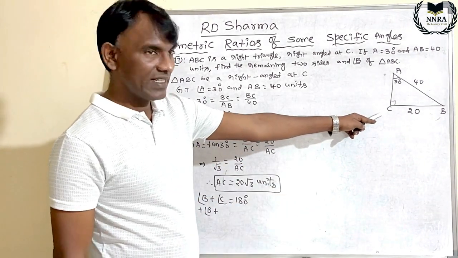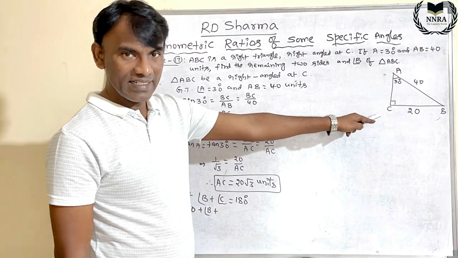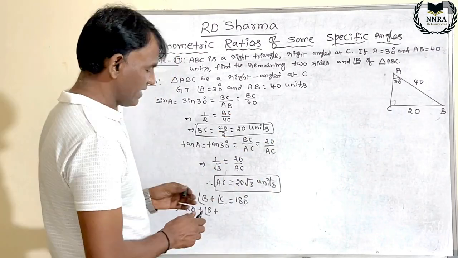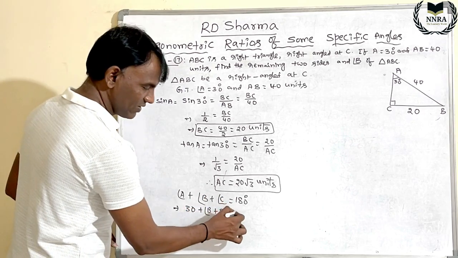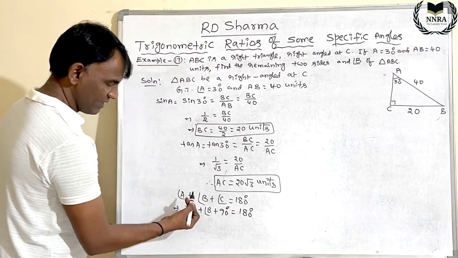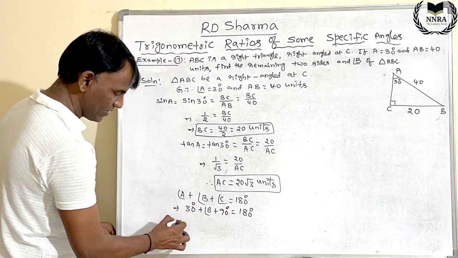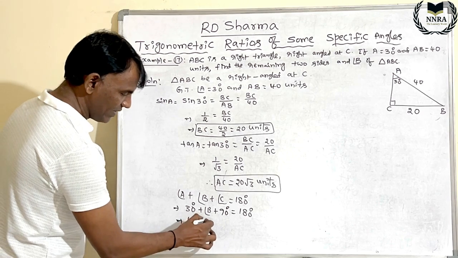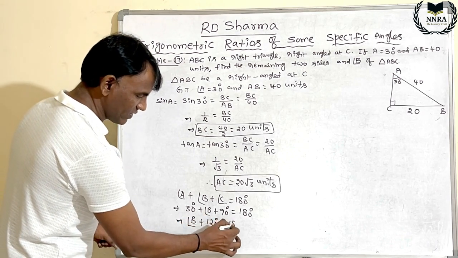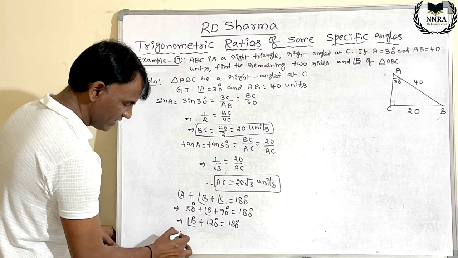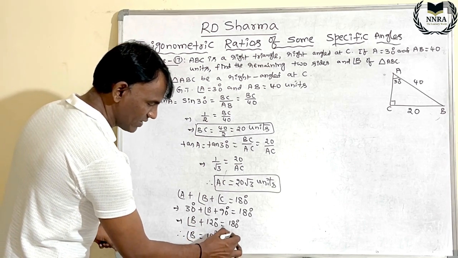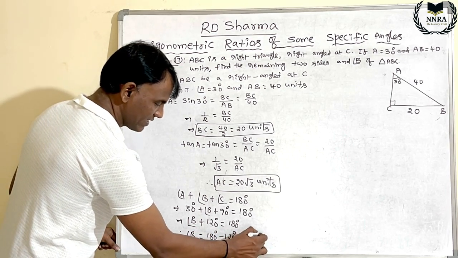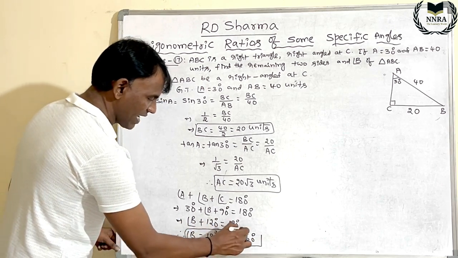C is the right angle, which means 90 degrees. So 30 plus 90 is 120. So angle B plus 120 degrees equal to 180 degrees. Therefore, angle B equal to 180 degrees minus 120, which is 60. So this is the answer for angle B.